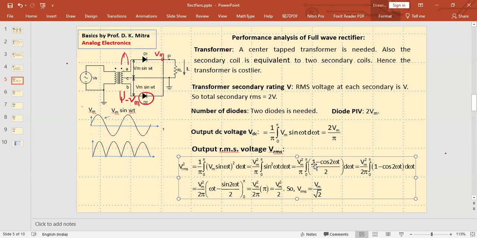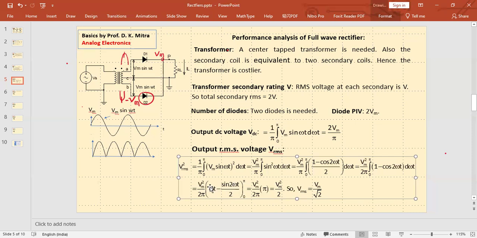Sine square omega t is (1 minus cos 2 omega t) by 2. So you take this 2 outside, and it becomes Vm square by 2 pi times the integral of (1 minus cos 2 omega t) d omega t. Its integration is omega t minus sine 2 omega t by 2. Now, when you put the limits 0 to pi, sine 2 pi is 0, and sine 0 is also 0.